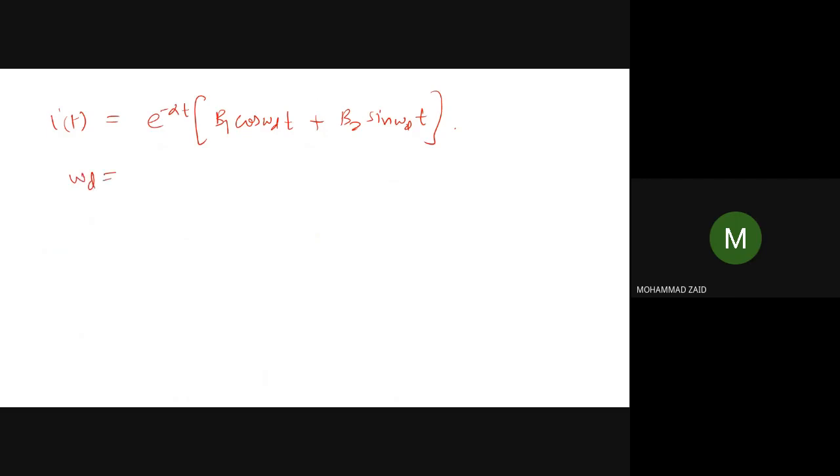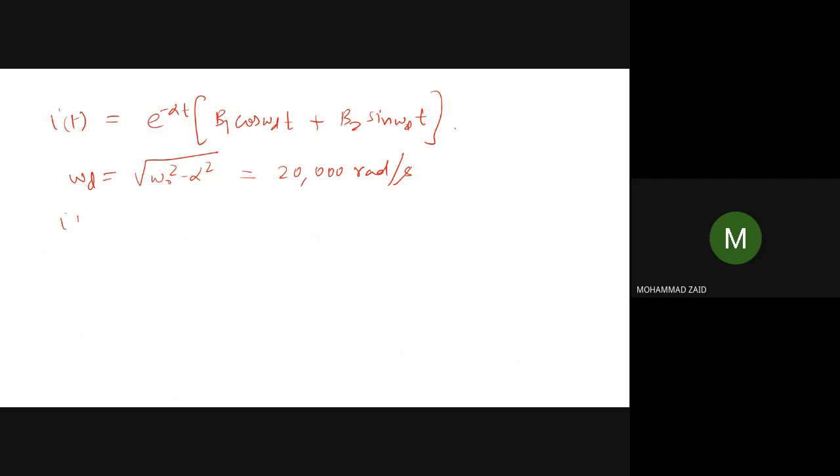Omega d will be equal to the square root of omega naught squared minus alpha squared. So it will come out to be equal to 20,000 radian per second. Okay, now we can put these things here.